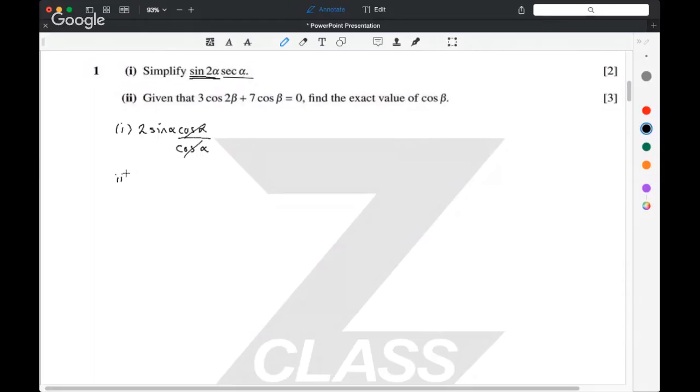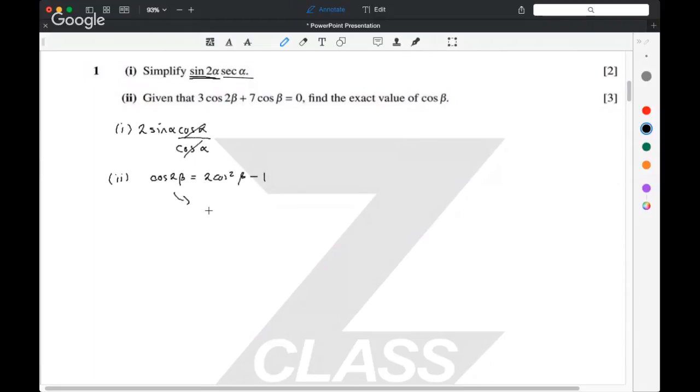The second one is one of these ones they love, where you're basically solving a quadratic equation. We know from the formula booklet that cosine 2 beta is equal to 2 cosine squared beta minus 1.